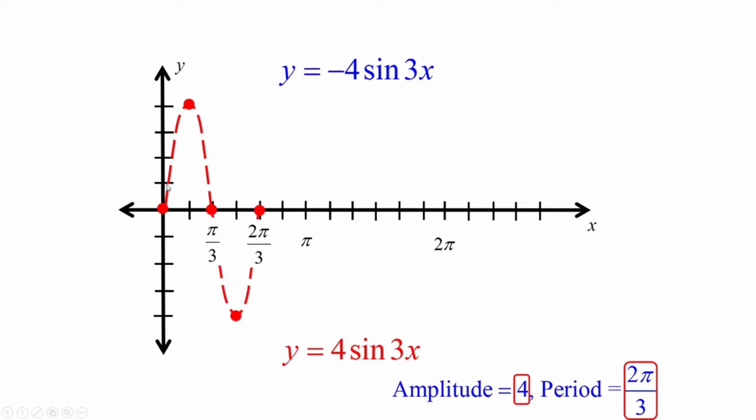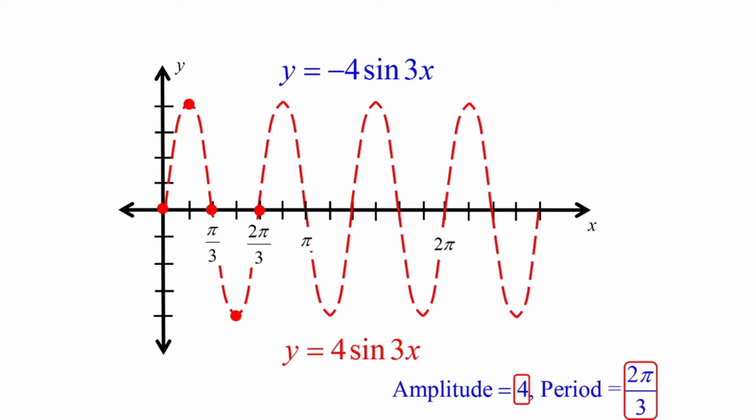And notice I did this dash because they actually want me to graph y equals -4 sine of 3x. But anyway, let's do a couple more cycles here so that the pattern just keeps continuing in both directions. I'll go off to the right here. All right, so that's a great picture of y equals 4 sine of 3x. But now, what's that negative going to do?